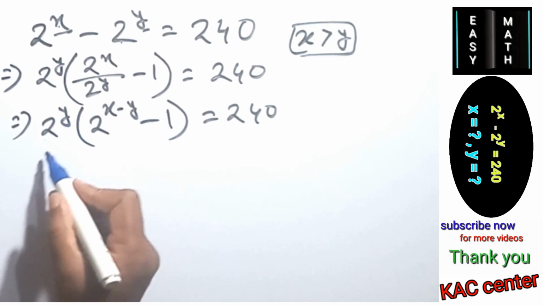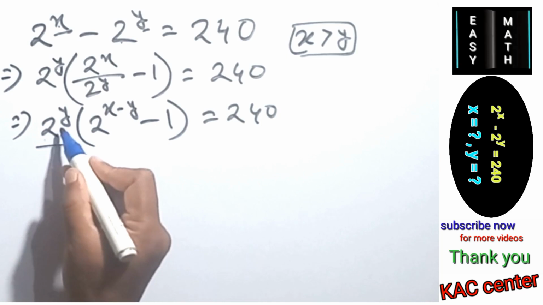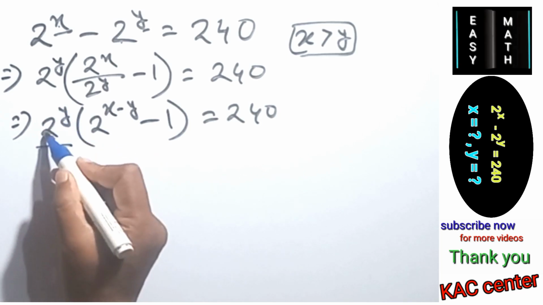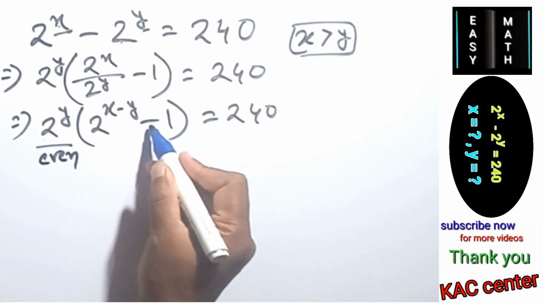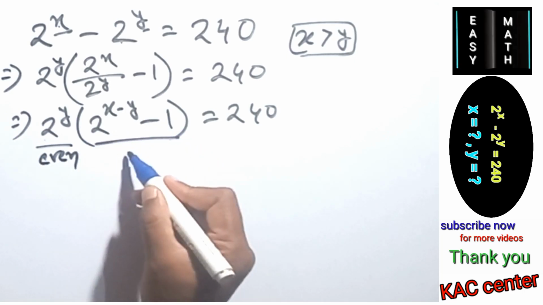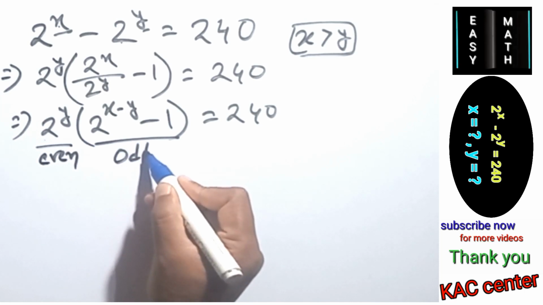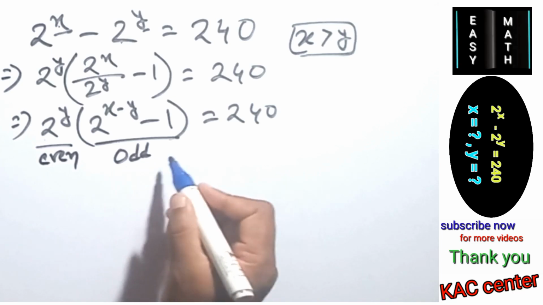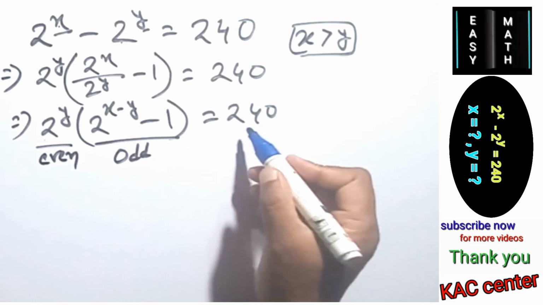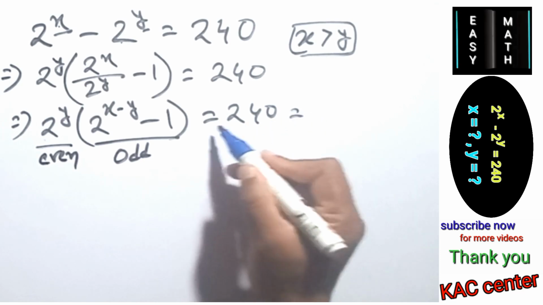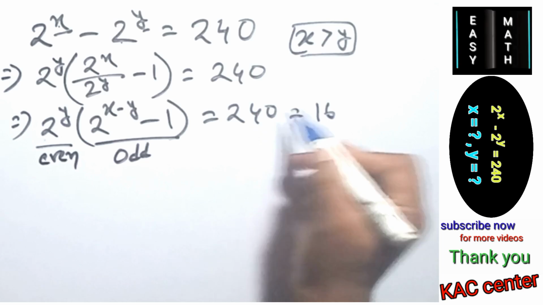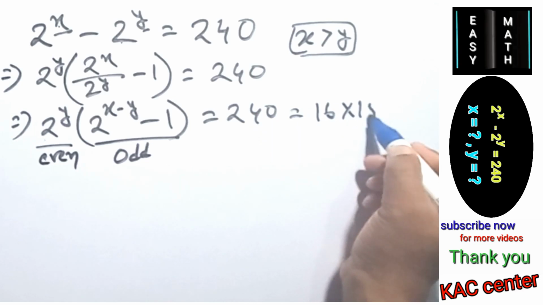So 2 to the power y is an even number, and this other factor is 2 to the power x minus y minus 1, which is an odd number. And the multiplication is 240.